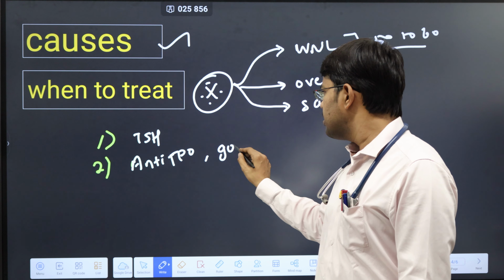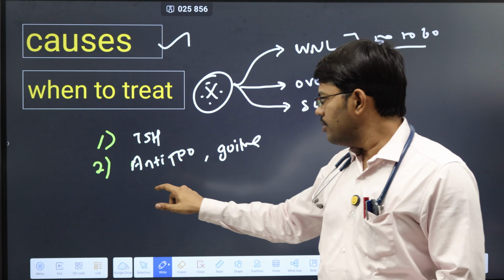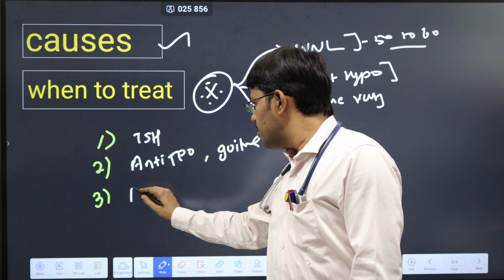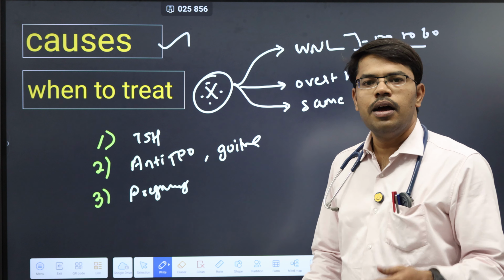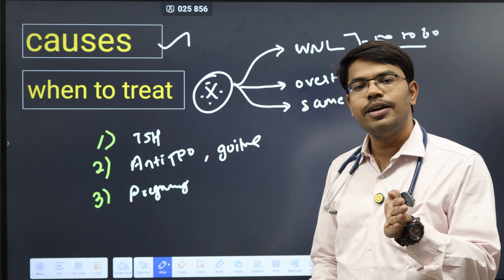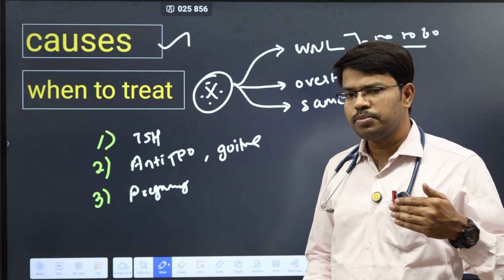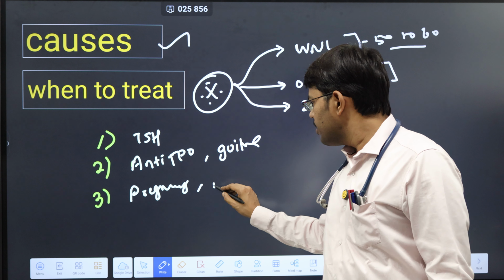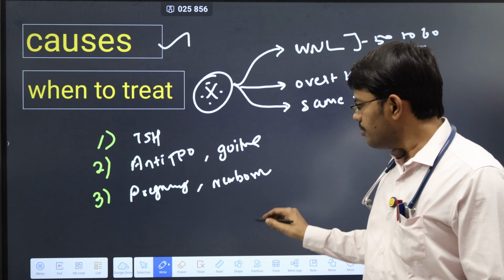Third, if the person is pregnant, hypothyroidism in pregnancy has to be treated very vigilantly. The TSH target is approximately less than 2.5, trimester-wise it will vary. In pregnancy, and in newborns less than 1 year, we have to treat it.